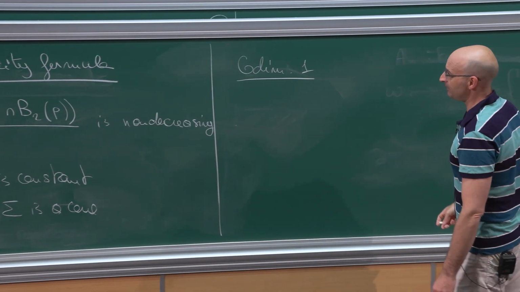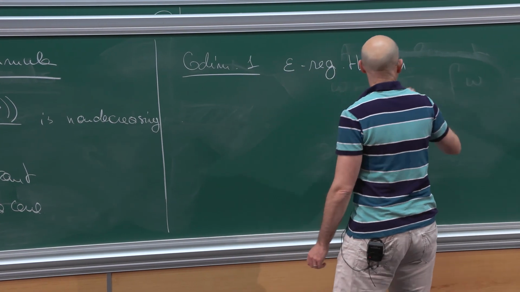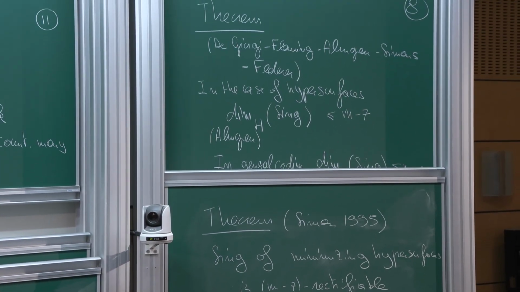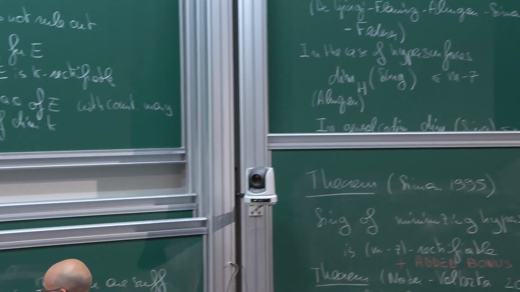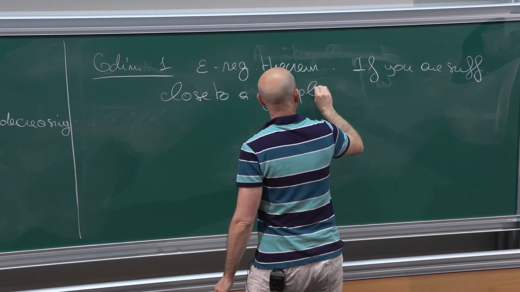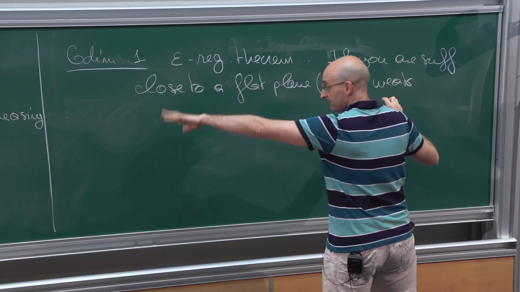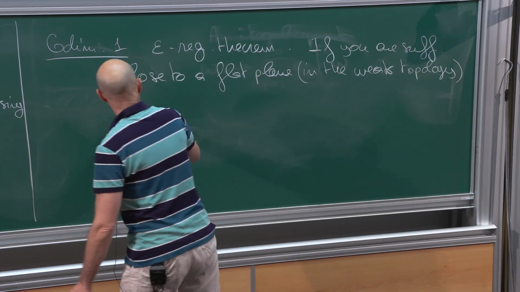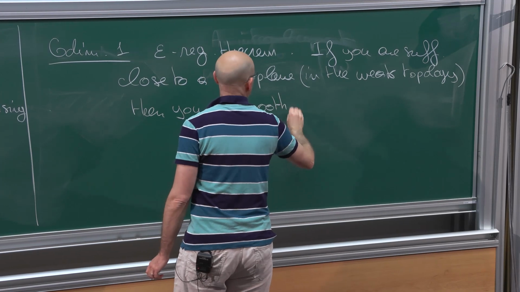Codimension 1 is so much easier because there's an epsilon regularity theorem, which dates back to De Giorgi's seminal work, which tells you that if you're sufficiently close to a flat plane in the weak topology, that's very important because that's the topology given by the convergence, then you're actually smooth, say, at half the scale.